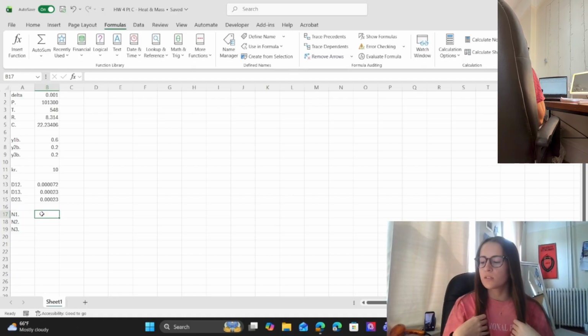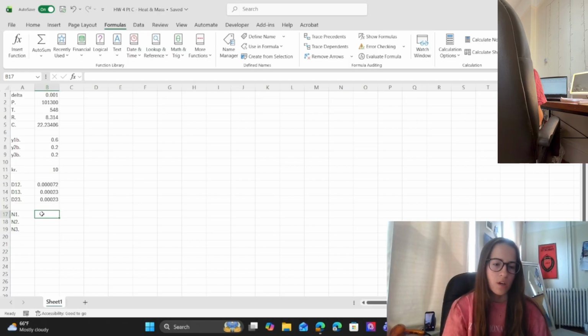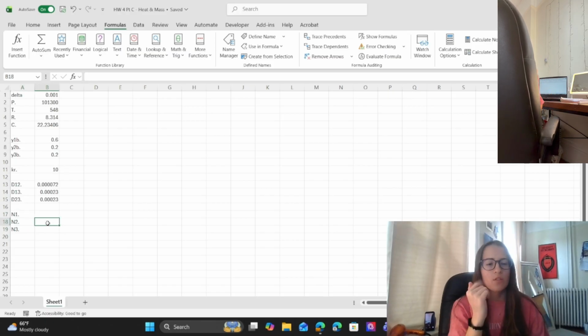Since this is a balanced example, 1 mole of ethanol can come down and create 1 mole of acetaldehyde and 1 mole of hydrogen. Because these are all scaled the same way, they're all going to be equal in magnitude, but the only difference is that acetaldehyde and hydrogen, aka 2 and 3, are going to be the negative version of 1 because they're diffusing the opposite way.